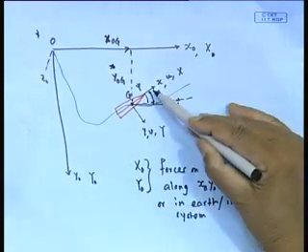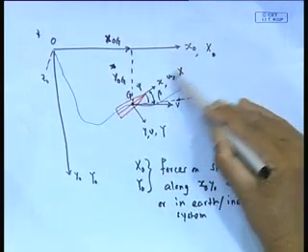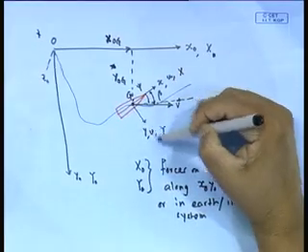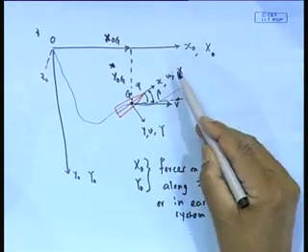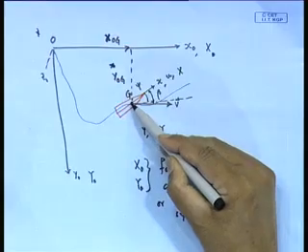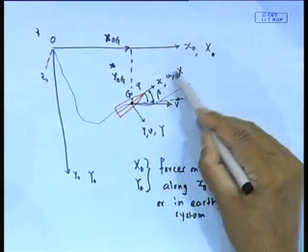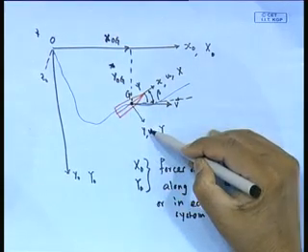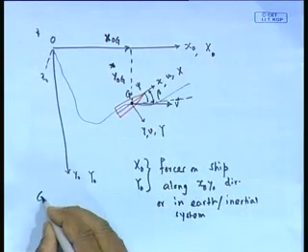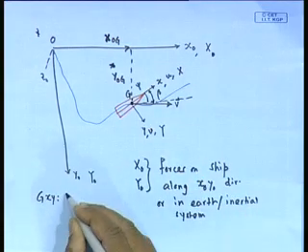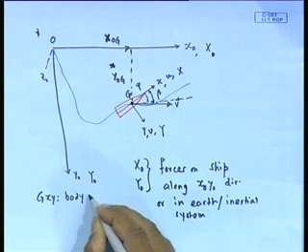Similarly, X and Y are the forces along the body system, which is defined with origin at G, x axis here, y axis here. This is the body system. That means G x y is the body system.